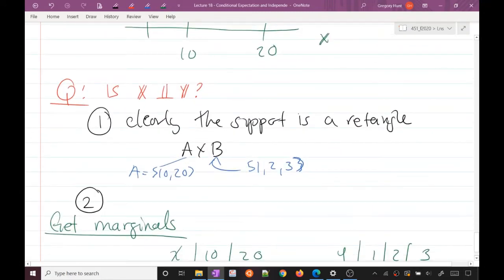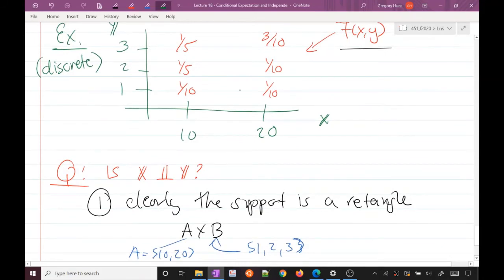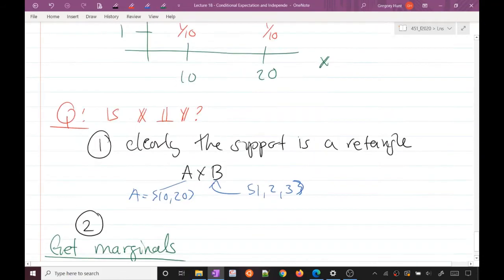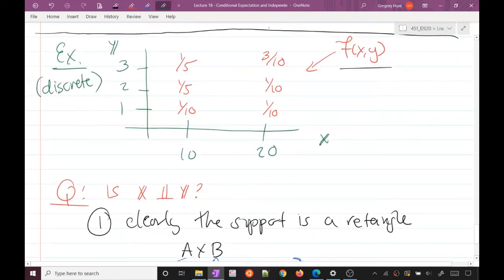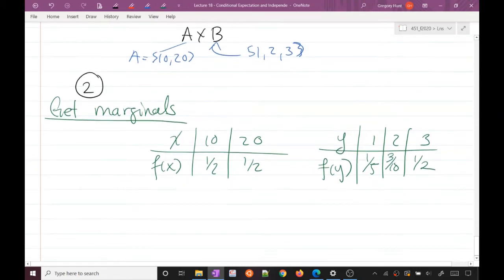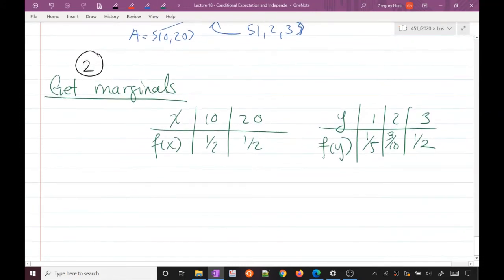Yeah, sorry, 1/2. 1/5 at 1. Sorry, you got to do this in the right order. 1/5 at 1, and then 3/10 at 2, and 1/2 at 3. Okay, so that's the marginal of y.